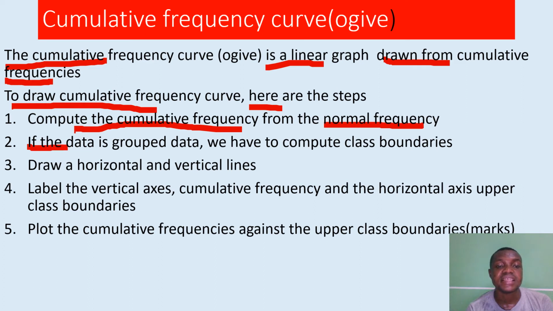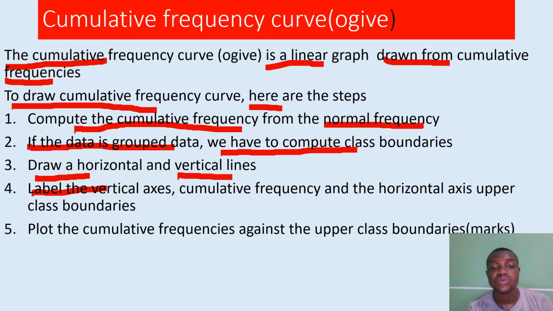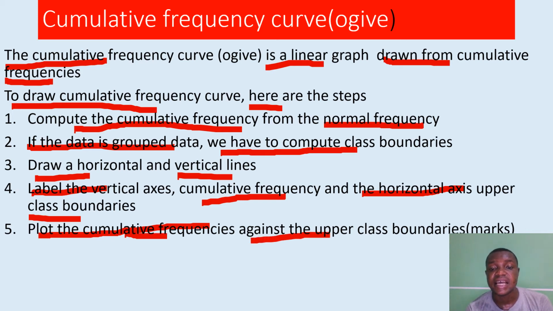If the data is grouped data, we compute the class boundaries. We draw our horizontal and vertical lines. We label the vertical axis cumulative frequency. Then the horizontal axis, we label it class boundaries. We plot the cumulative frequencies against the upper class boundaries or the marks.